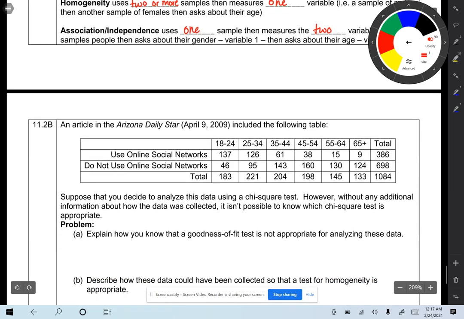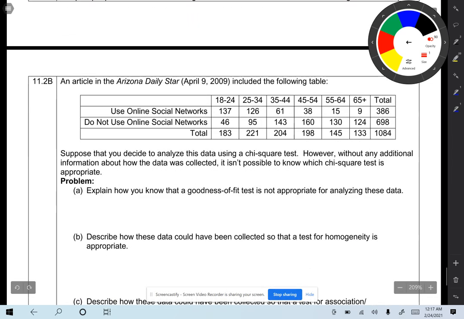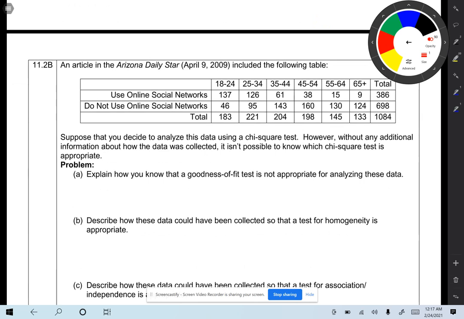Okay. Let's do one little example, kind of using that table of tests, and that'll help us do this last problem. So this is an article in the Arizona Daily Star from April 9th, 2009, and included the following table. So alongside the top, you have various age groups from 18 all the way to 65 and plus.